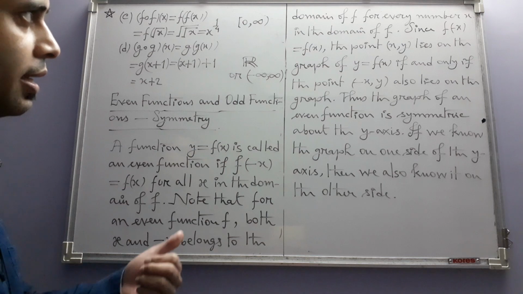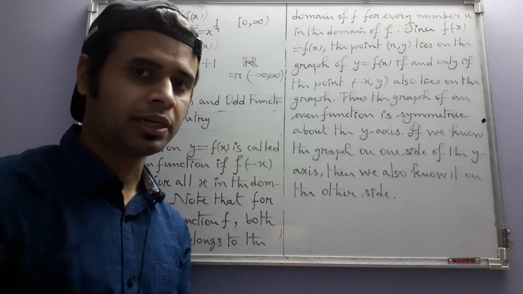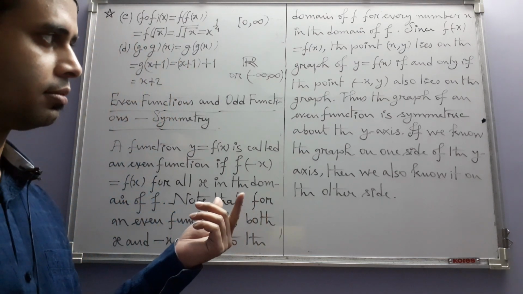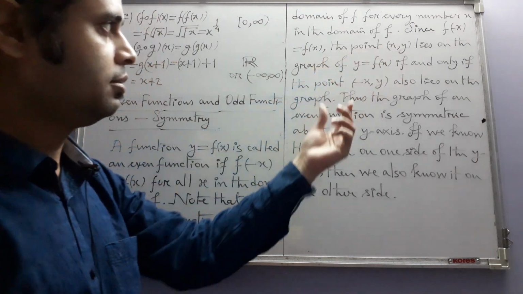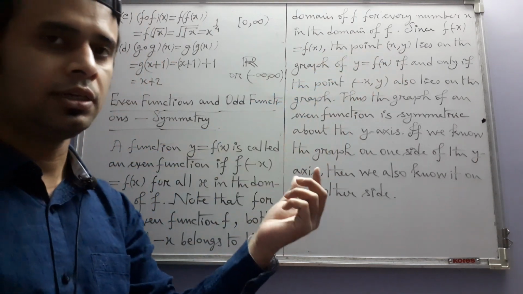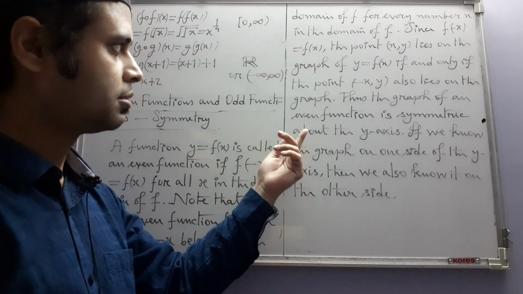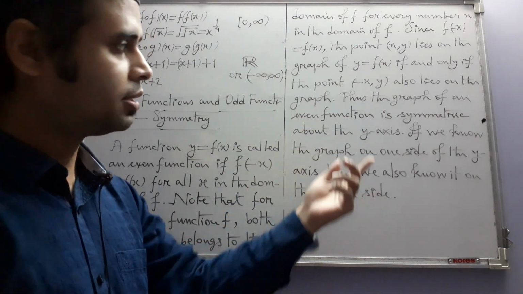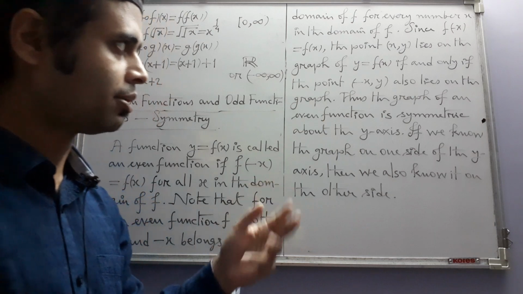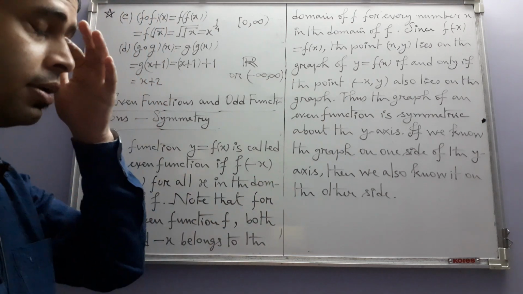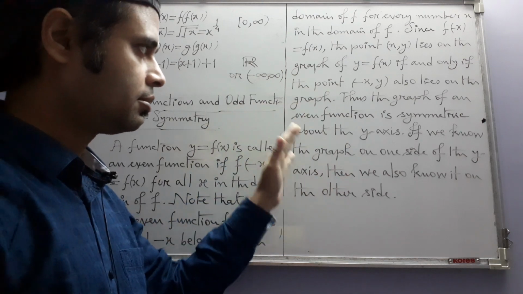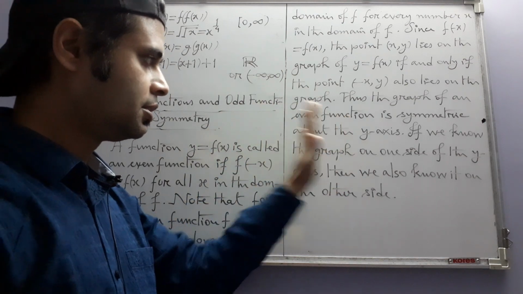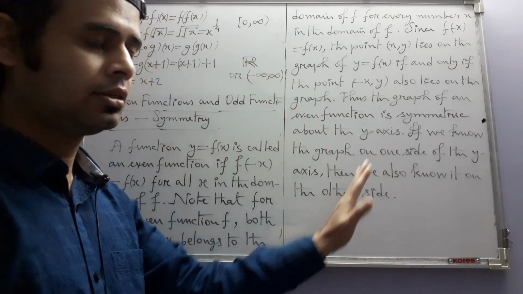So because f of x and f of minus x are the same, any point x comma y that lies on the graph of an even function y equal to f of x has a corresponding point minus x comma y also lying on the graph. And because of this, geometrically the graph is symmetric about the y-axis.